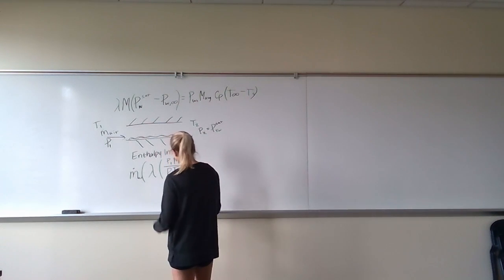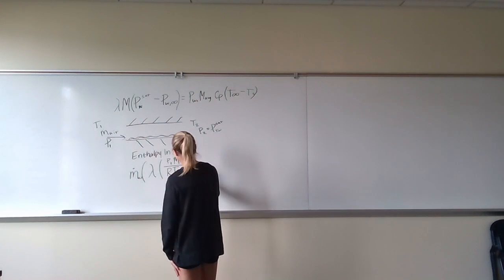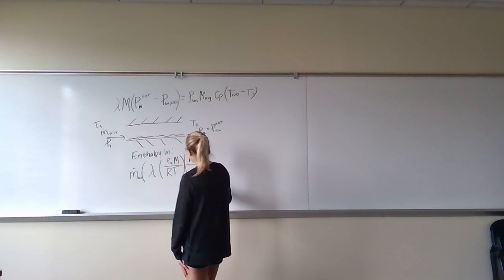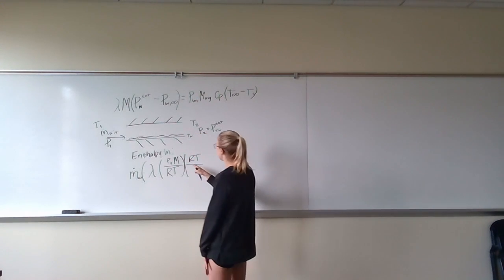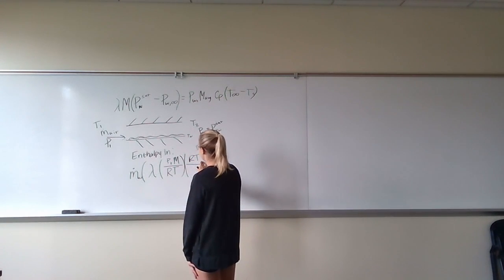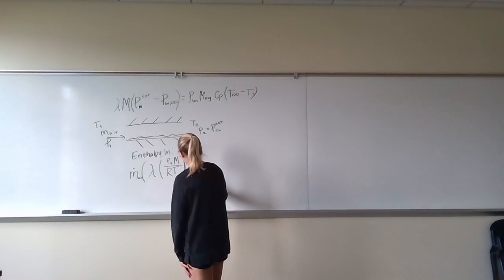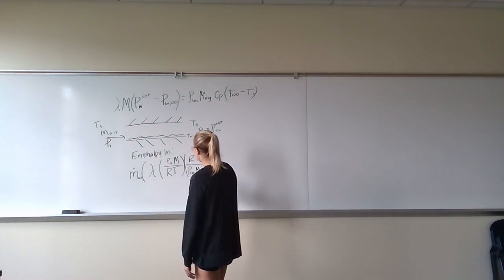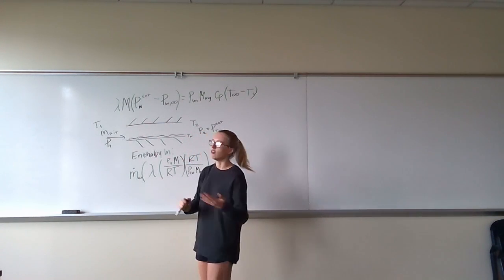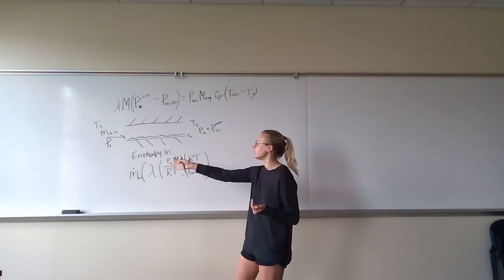And then to get a partial pressure, we need to multiply this by the reciprocal, the total pressure. So we have the ideal gas constant times the temperature divided by the total pressure times the average molecular weight. And this will give us the partial pressure of the water vapor going into the pipe.